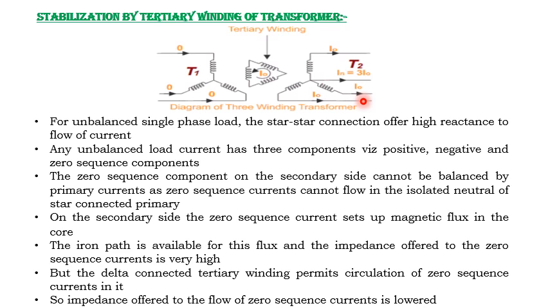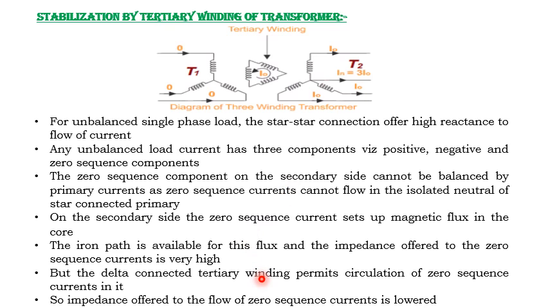Due to this flux, the iron path is available for the flux and the impedance offered to the zero sequence current is very high. So whatever zero sequence component is on the secondary sets up magnetic flux in the iron path of the core, which offers very high impedance.